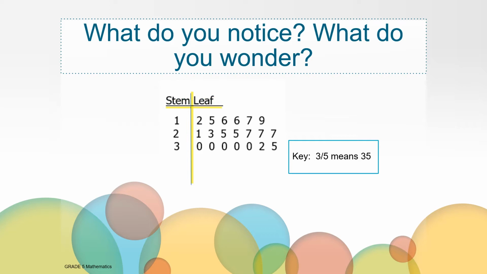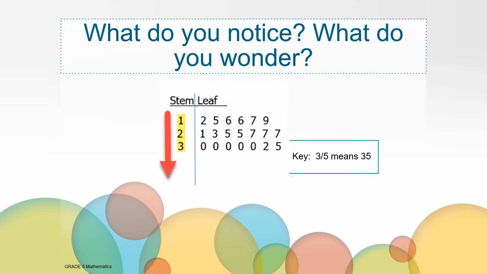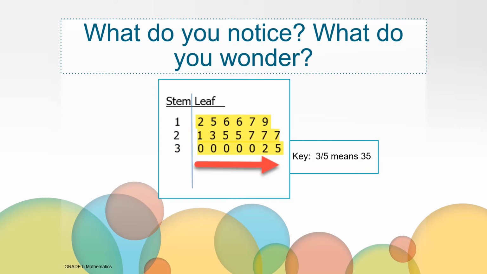You may have noticed that there are these two lines in the form of a T-chart. You may have noticed that the digits in the stem column are in order vertically, and the digits in the leaves are in order from least to greatest horizontally.